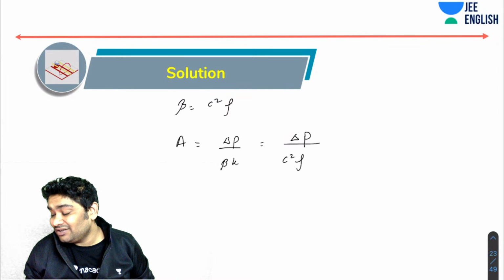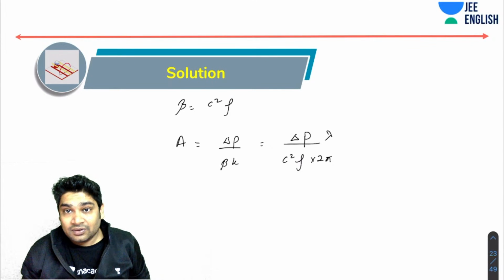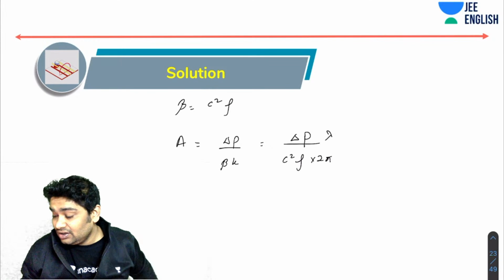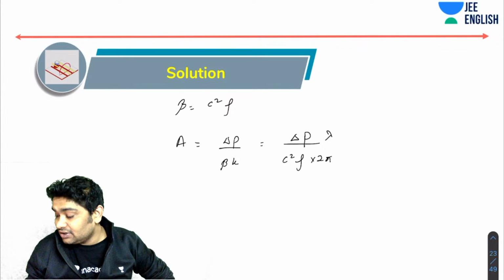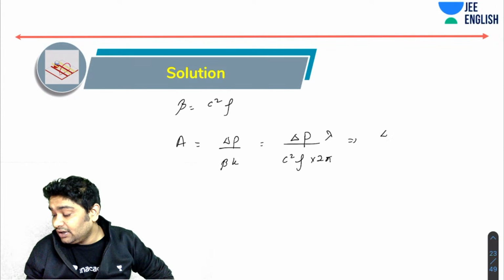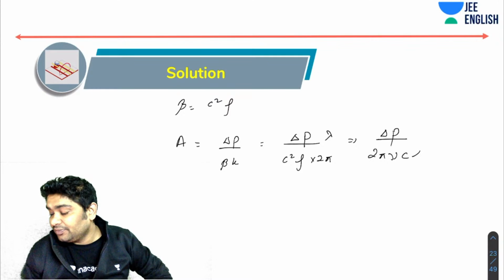K is 2 pi over lambda, and c over lambda is the frequency nu. So this is delta P over 2 pi nu c rho.